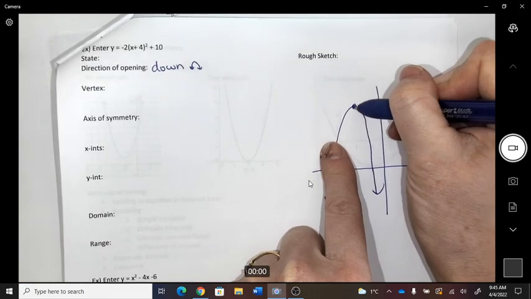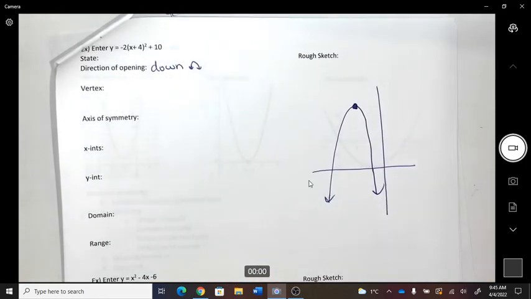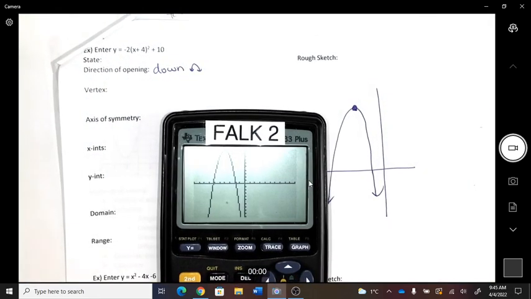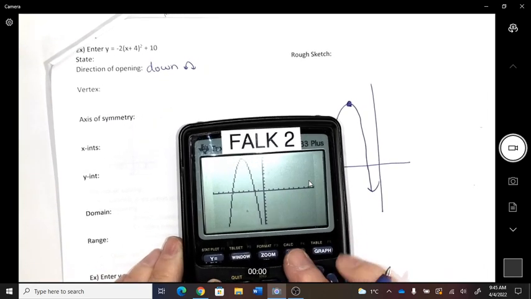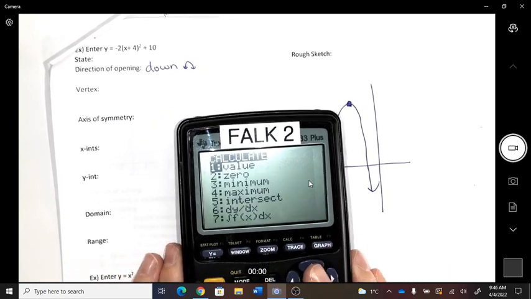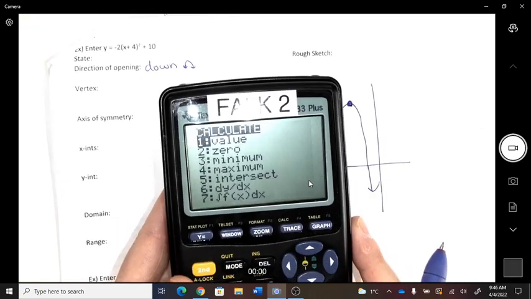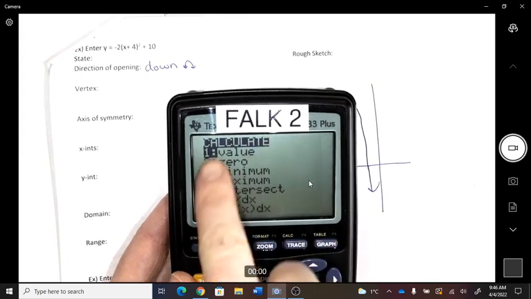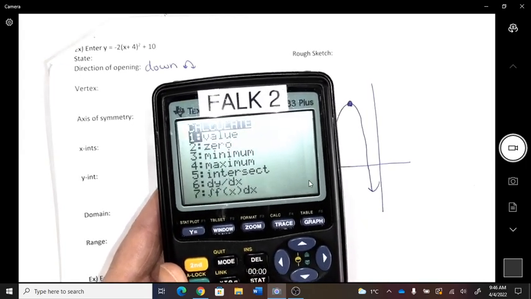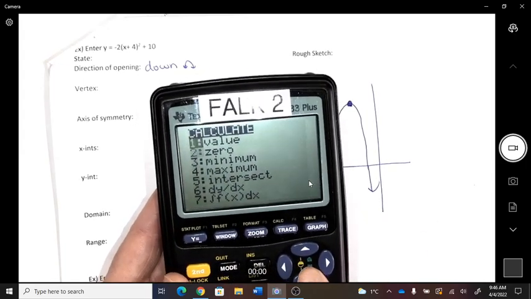Vertex. I want to know the coordinate here. So I go to my calculator. You remember this tool? We go second calculate, second trace gets me to calculate. Do you remember which one we would want to do here? The maximum.